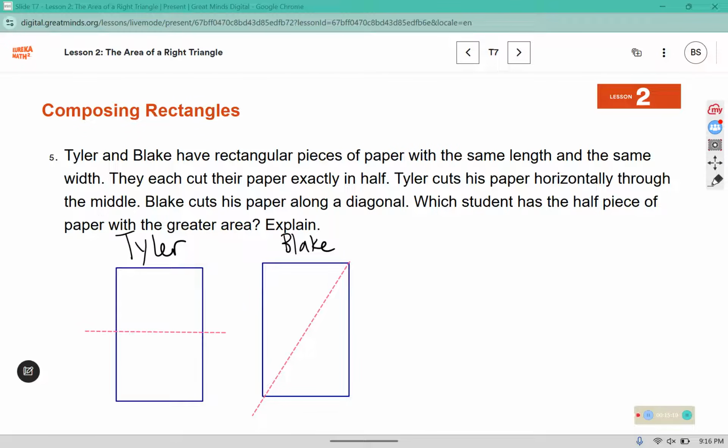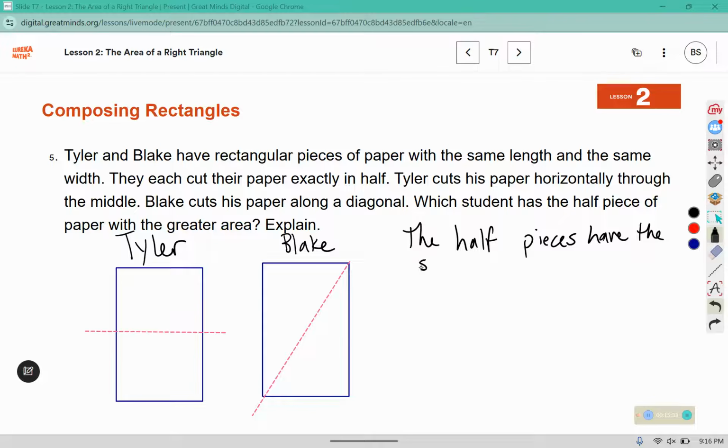As we discussed earlier, the half pieces of paper have the same area. Regardless of which way we cut it, the area of each piece is half of the total rectangle.